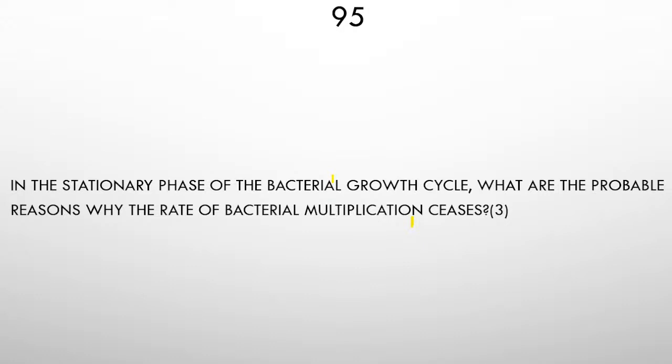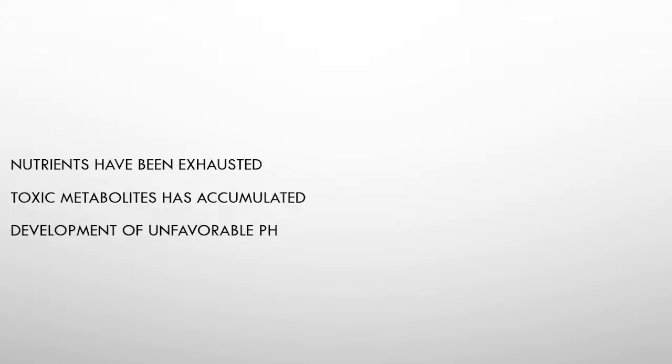These waste products alter the environment of the culture media. That's the reason why we have color indicators, so as to observe the changes in the culture media. So these are the reasons why the organism will reach its peak, or rather the plateau. Please be mindful of that one.